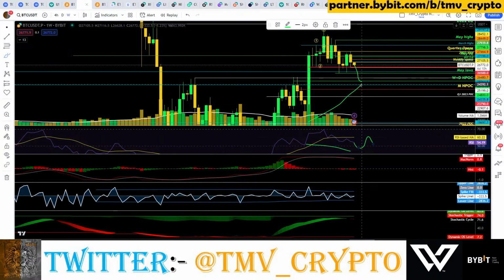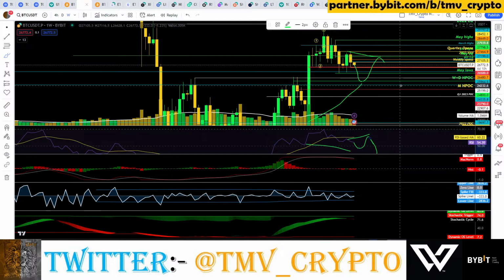RSI pumps, and the price also pumps, but the price doesn't go back above 27,800. It gets strong resistance and forms a very strong bear divergence over here on the RSI, and we get a bear divergence and then a further dump. This is the bear case scenario that we have.